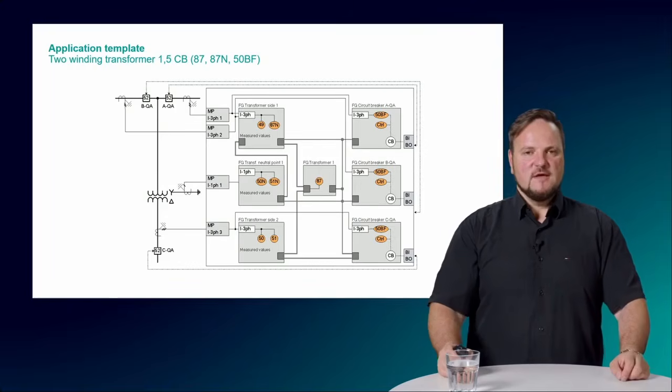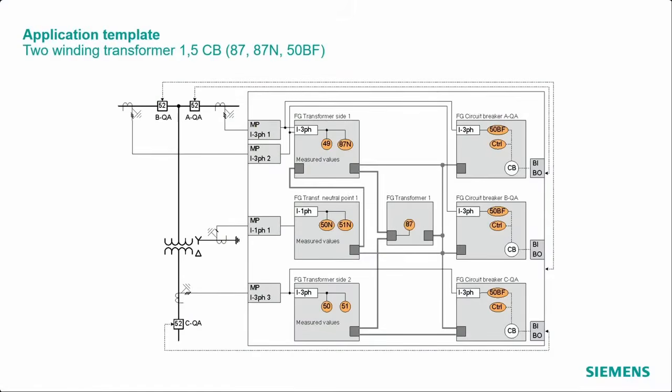Here you see that both current transformers from the diameter are connected to transformer side 1. And we have additionally one circuit breaker, so now we have 3 circuit breakers as in the picture on the left side. In a single line you can count 3 circuit breakers, 2 transformer sides, and 3 current transformers.